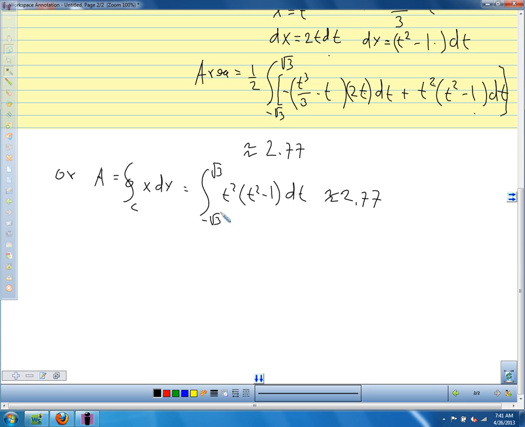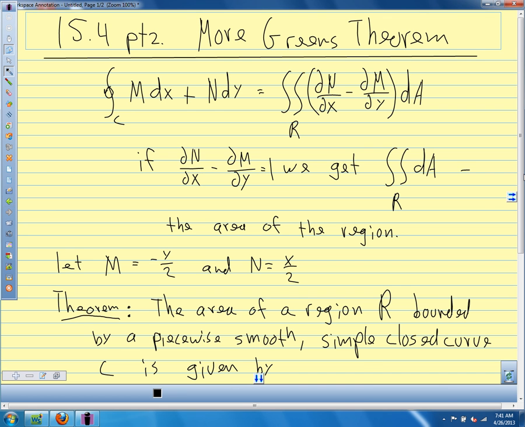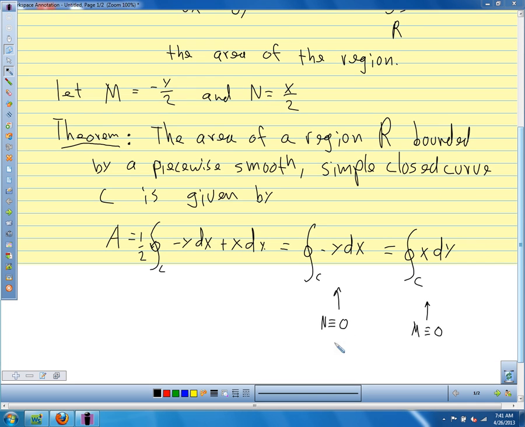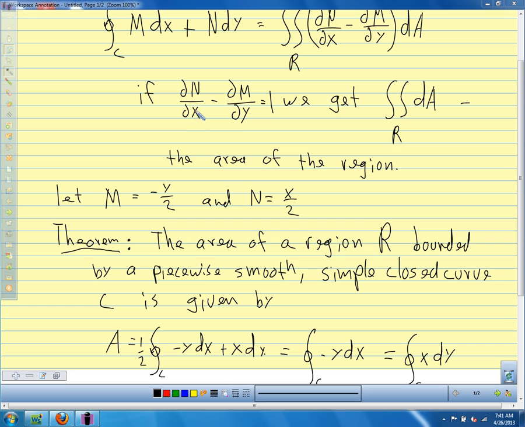This one's a little easier. Why does that work? So for this one, let me go back here. We're saying that m is 0, and n is just x. So dn dx here is 1.